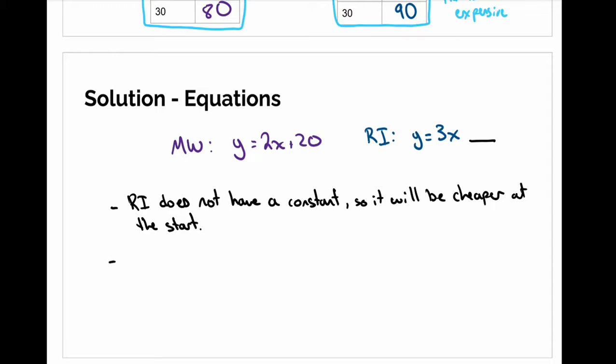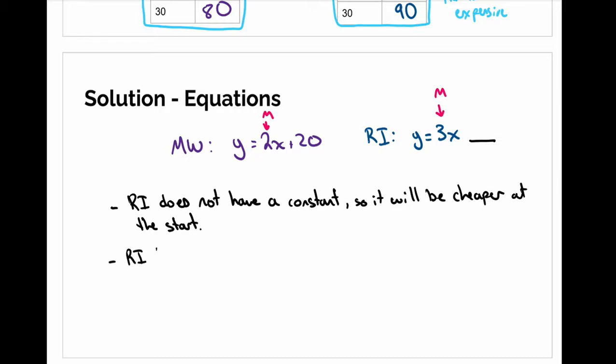Now, you may be thinking, well, how do I know that it's not going to stay cheaper the entire time? And the reason for that is by looking at the multiplier. Radical Island has a higher multiplier. It has a multiplier of 3, or a rate of change of 3, compared to Mathemagical World that has a rate of change of 2. Because Radical Island has a larger multiplier, we know, or we should be able to assume, that eventually at some point it's going to outpace Mathemagical World.